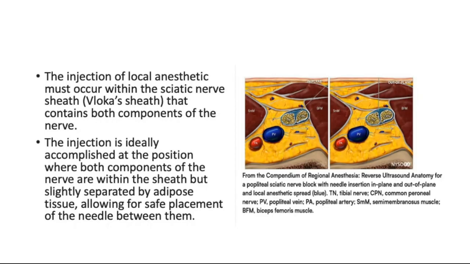Sorry, the first question. As far as I know, I don't know of anyone talking about anatomical variation regarding the sciatic nerve itself. But there are many studies regarding the PFCN. The PFCN itself has a lot of anatomical variation.